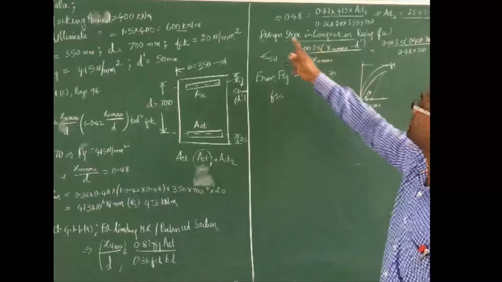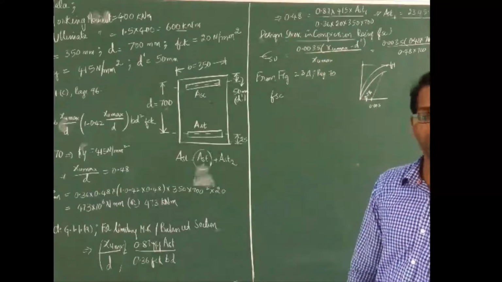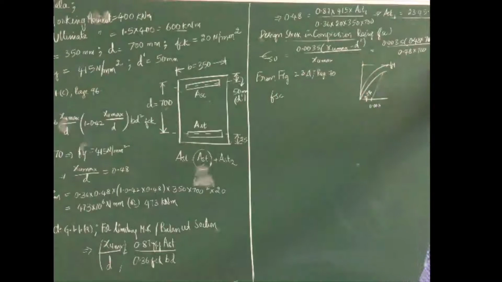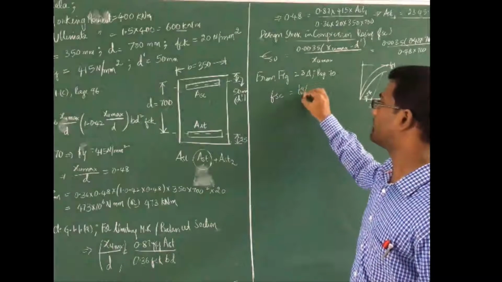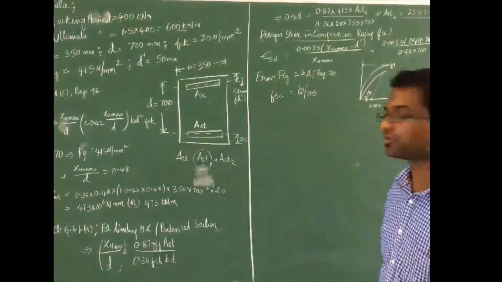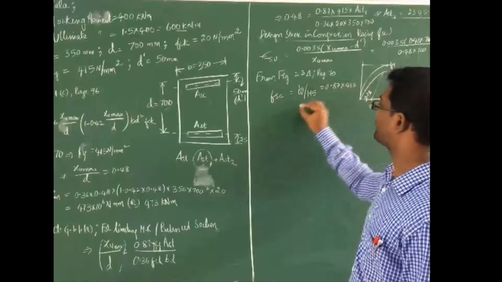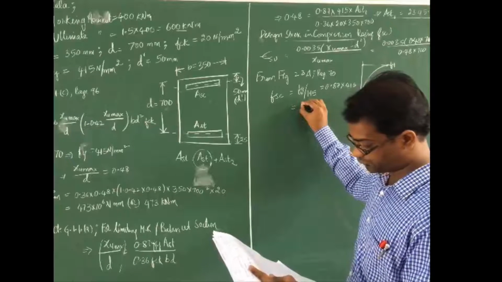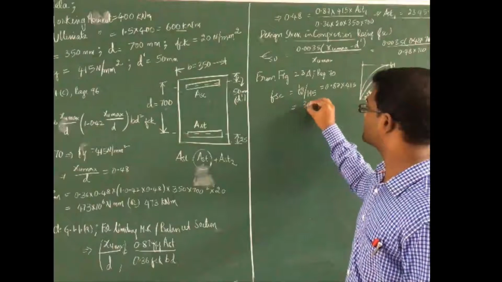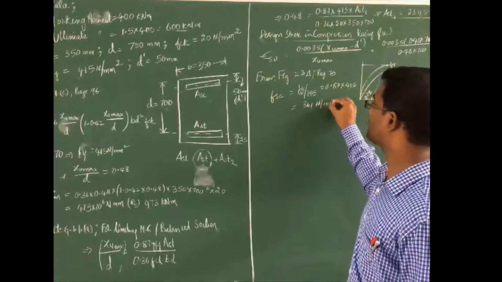But we need to calculate design stress, so we need to divide it by 1.15. So if you calculate this from figure 23a, for the corresponding strain in the steel, you will get Fy, and the design value will be Fy divided by 1.15, which is nothing but 0.87 times 415, which will give you a value of 361 Newton per mm square.